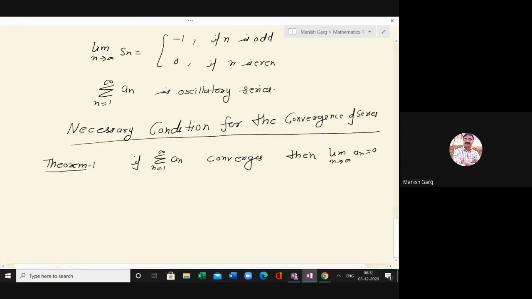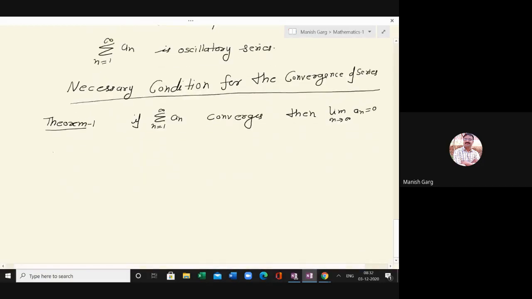Okay, so here I am doing the proof, and then I will do some examples. Let the series, sum from n equals 1 to infinity of an, be convergent, and suppose it converges to a number s.